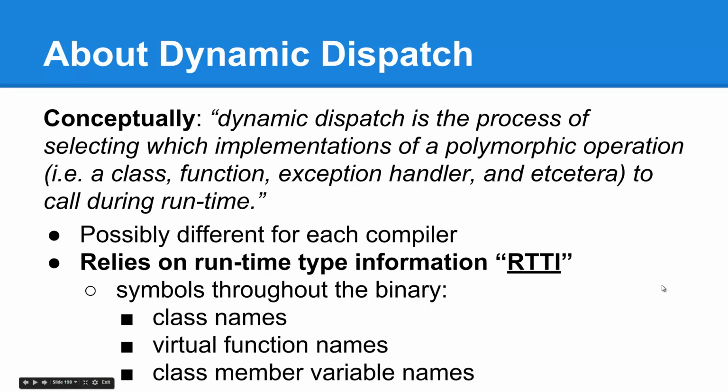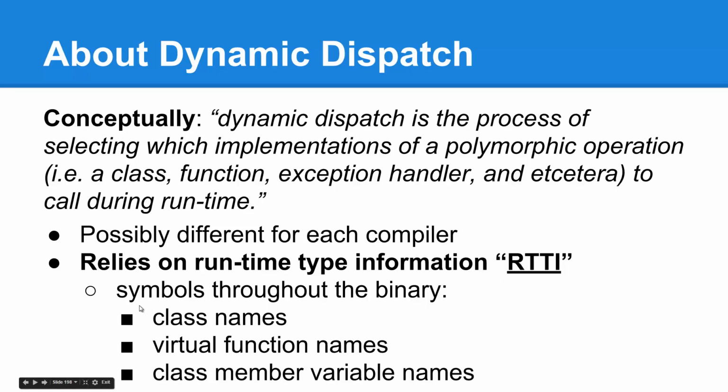Each compiler may do things differently. And the way these runtime decisions are handled is by something called runtime type information, or shorthand RTTI. And if you've come through a C++ course in college, I'd very much expect you to be familiar with RTTI. If not, your professor probably did a poor job.